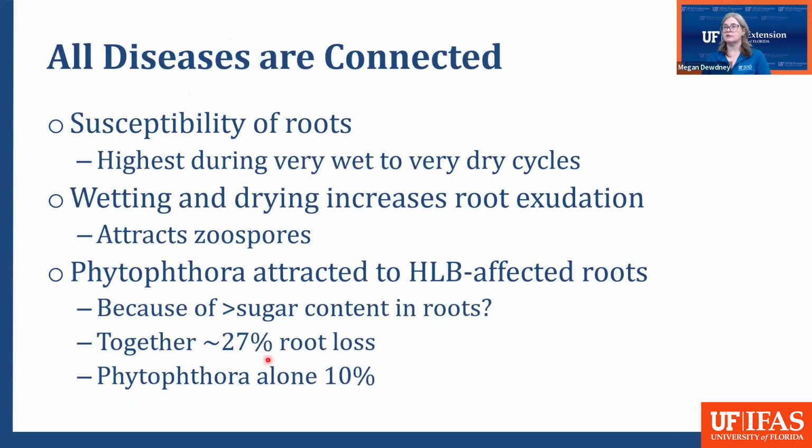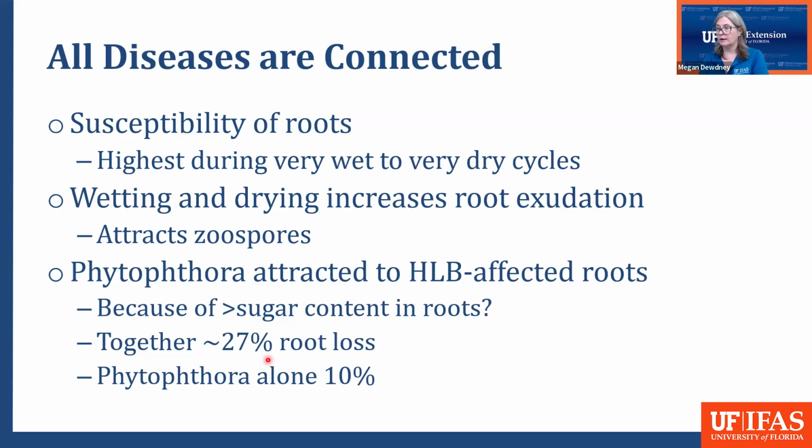So all of these diseases are connected. When we look at the susceptibility of the roots, it is highest during the very wet to very dry cycles. We see wetting and drying increasing those root exudations, which is increasing the zoospores, which means that you've got further inoculum for later in the season. Phytophthora is attracted to those HLB affected roots. Some speculation is because there is greater sugar content in those roots because it's not able to move around.